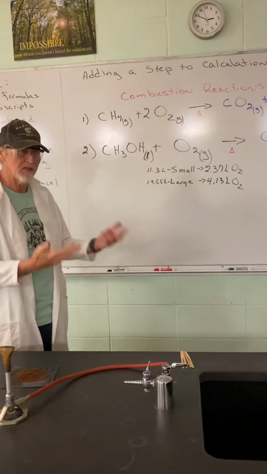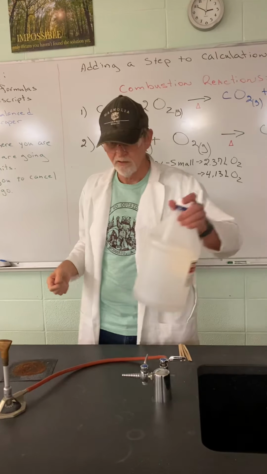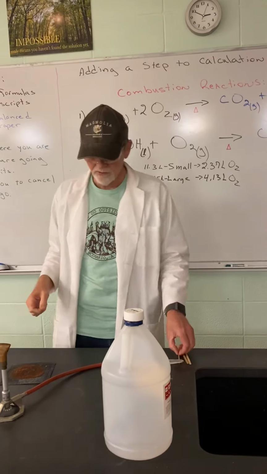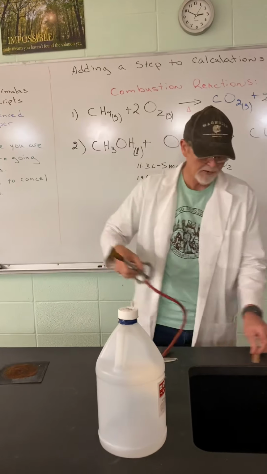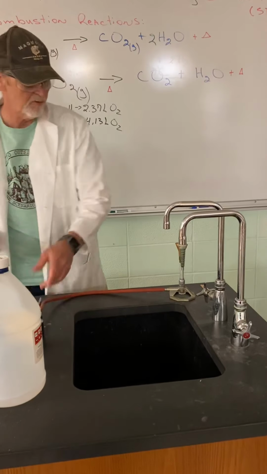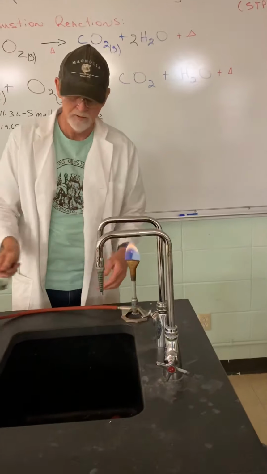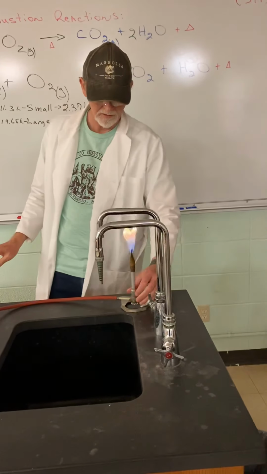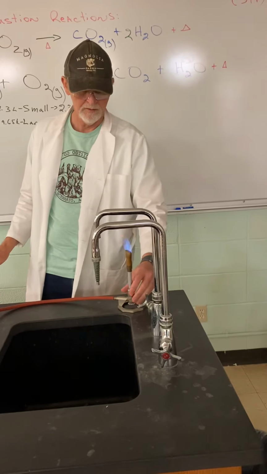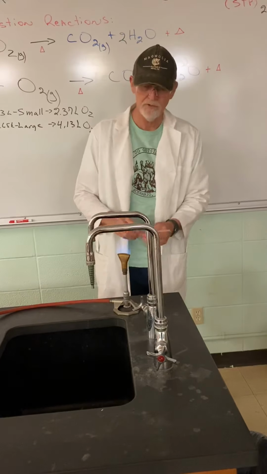All right, so I think it's given enough time to mix. So I'm going to take a little bit of heat source here. I'm going to light this up again and use this as my source. Turn that down just a little bit. Okay, I'm going to take, first of all, the smaller one of the two.